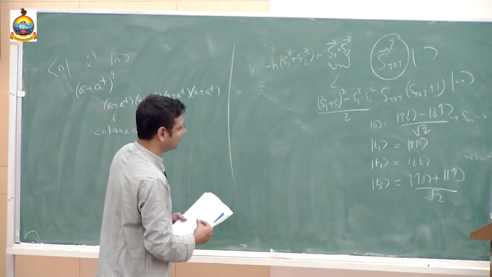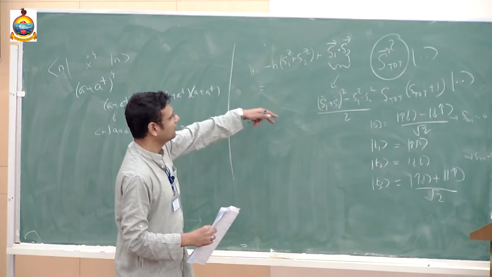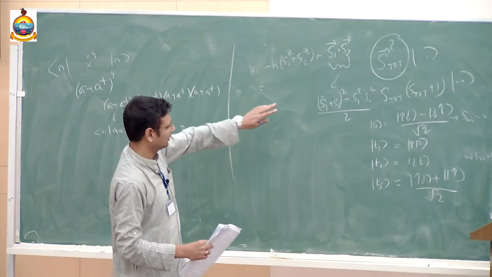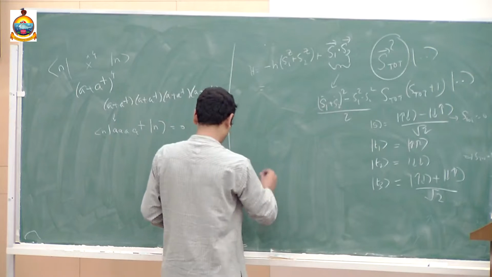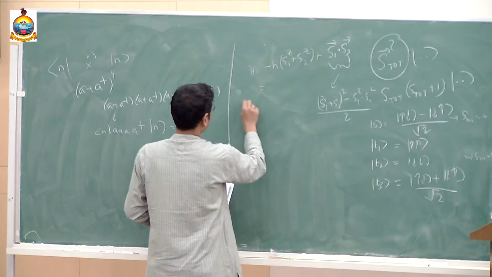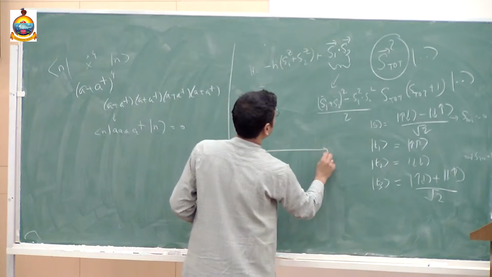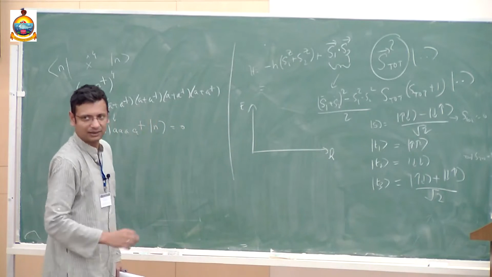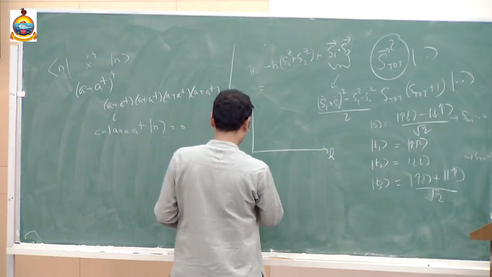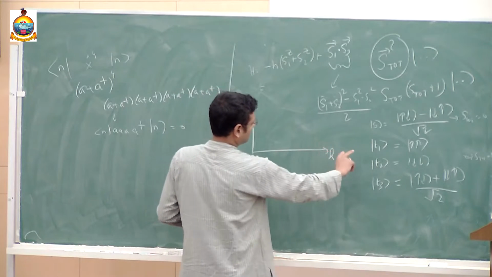Okay, good. Then I'll just say 1 or 2 things and then please try to solve the problem after that. Now it should be evident to you what to do. You go to the energy basis and let's say I draw the energy as a function of H. There are 4 states. Let's say this is 0 energy.